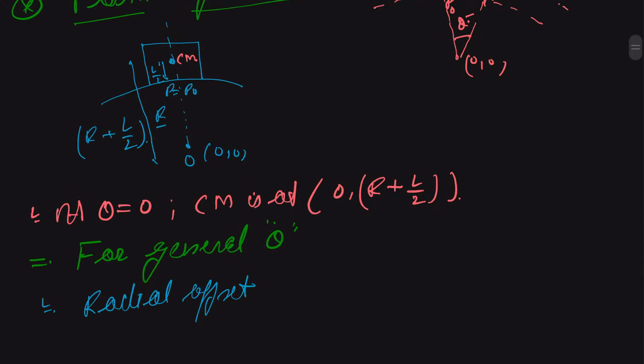In this case we are taking any journal angle theta. So this is our journal angle theta, and our center of mass is going to rotate somewhere like this. So the new center of mass is somewhere here, and the distance will still be R plus L by 2.